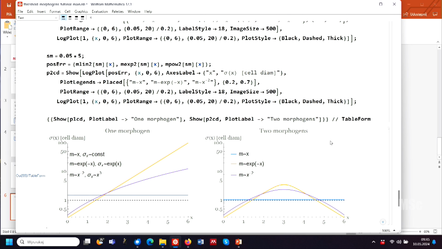Before, I had space, and the cell diameter was 0.2. Now if I replot with cell diameter, you see here 5, maybe 4 cell diameters for the exponential, simply by adding another gradient.